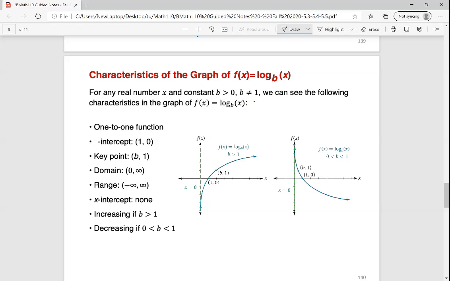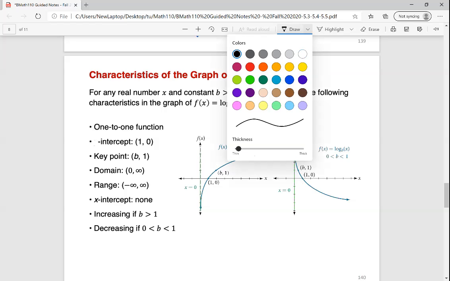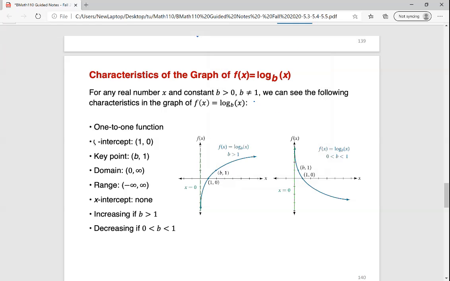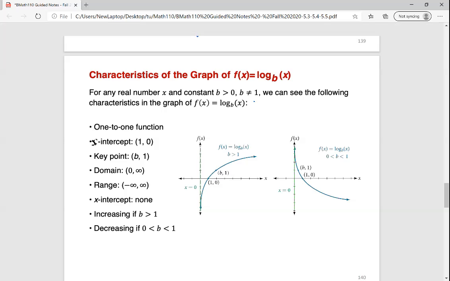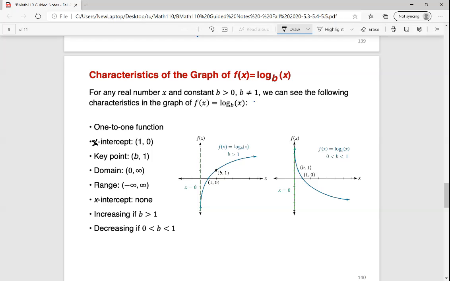All right. So now the x-intercept is (1, 0). And the key point is (b, 1). B in here is the base. And you can see this is a key point.